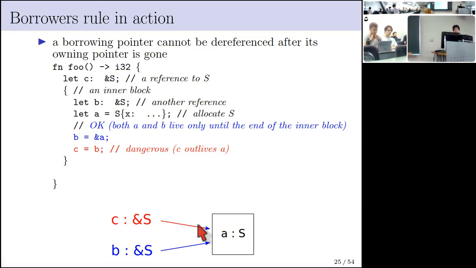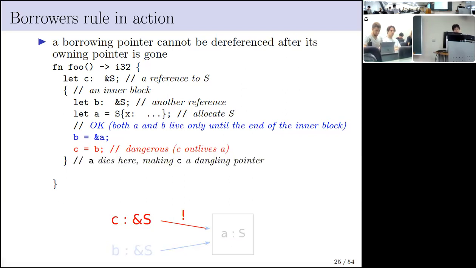Strictly speaking, it becomes a dangling pointer after this inner block is over. So this is potentially a dangerous pointer assignment. Basically, this pointer variable lives longer than the data structure pointed to by it. This is the so-called dangling reference.